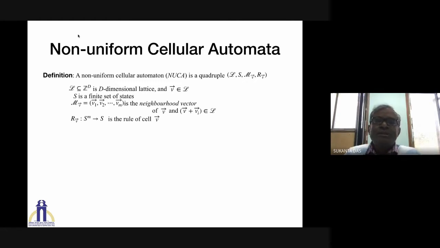You understand that? When the rule changes, the neighbor dependency can change. For example, in one-dimensional CA, one cell may depend on left and right. Another cell may depend on left, self, and may depend on, say, two neighbors on the left and two neighbors on the right. These are allowed here.